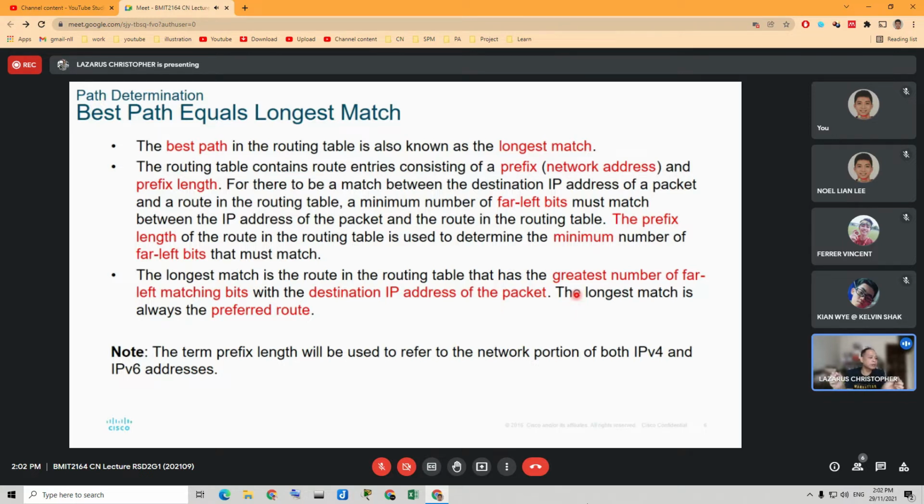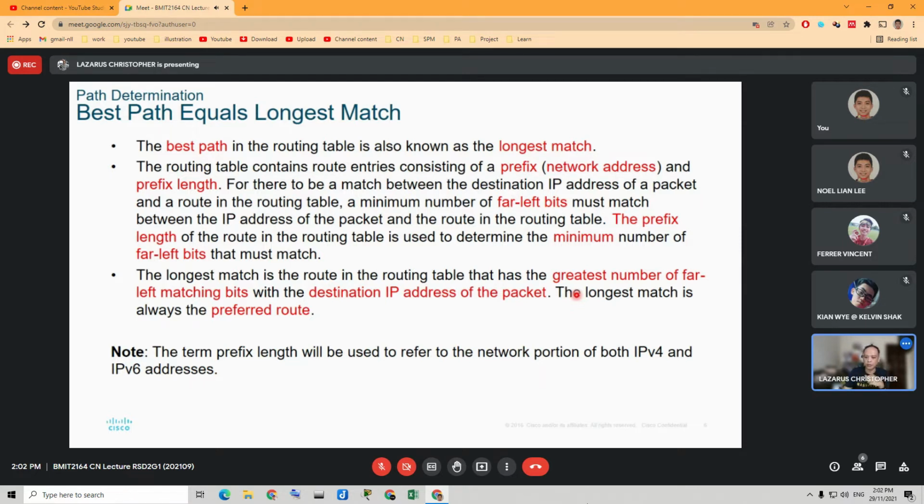Is that okay so far? The least number of bits matched means it's the shorter. So longest means, among all the candidates, the longest match. All the candidates means candidate entries inside the routing table.